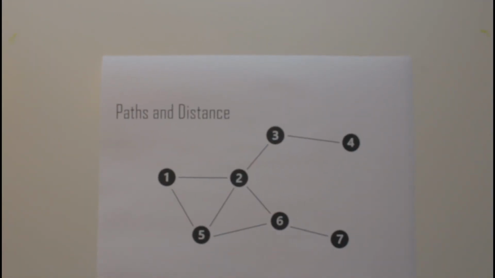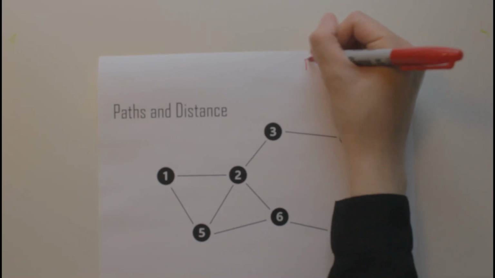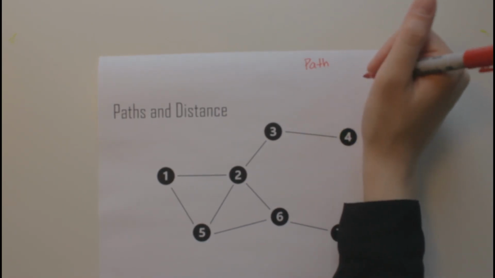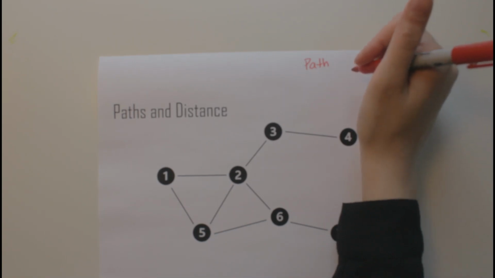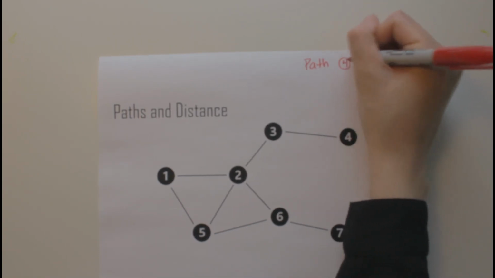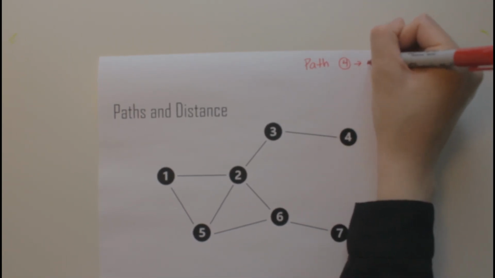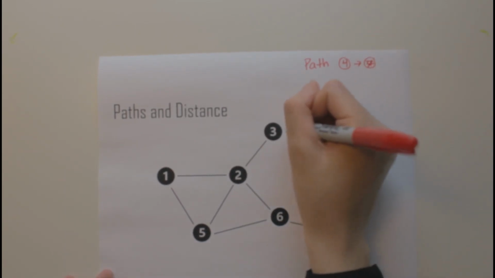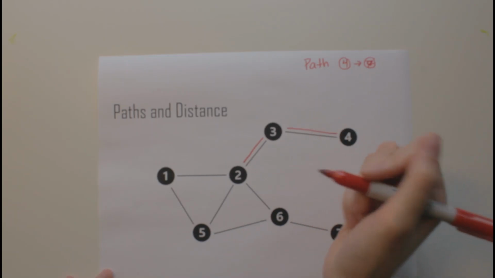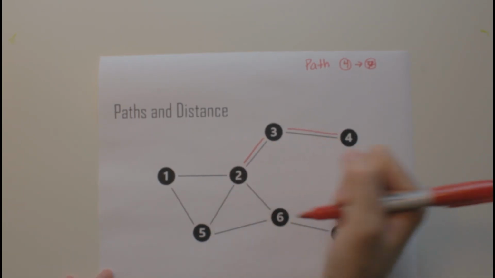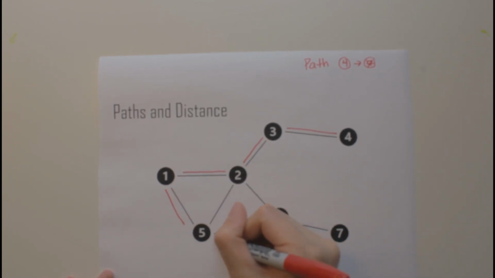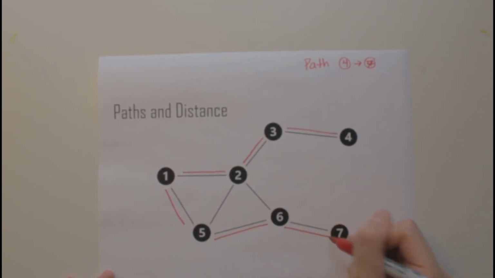Another concept is paths and distances. A path is simply the route along the links that connects two nodes. And so if we want to find the path from 4 to 7, we could start at 4, go to 3, 3 to 2, and now we have an option between these 3 links. Let's choose this path: 2 to 1, 1 to 5, 5 to 6, and 6 to 7.